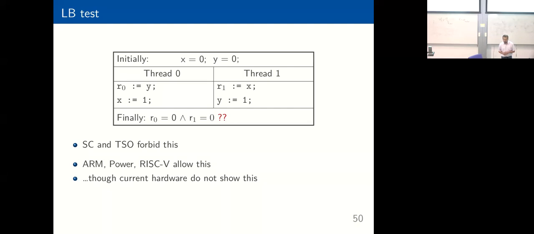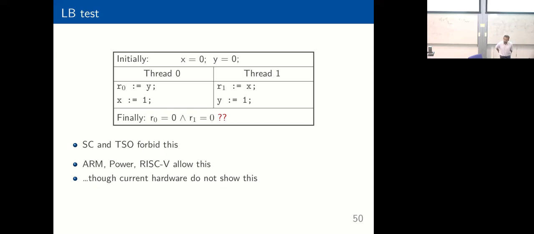And I've got the condition the wrong way around. Sorry, the condition should ask, can both of them see the later stores? There should be all ones. So if that were to happen, then the loads are somehow getting buffered, delayed while the stores are happening later. So that's a very confusing typo there.